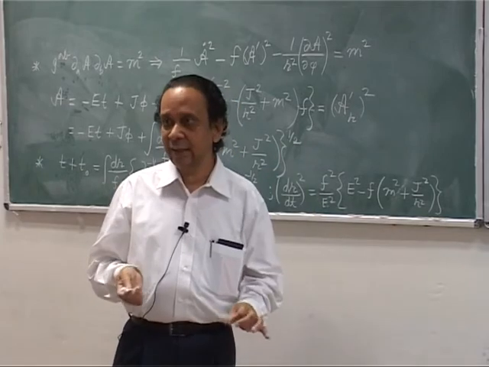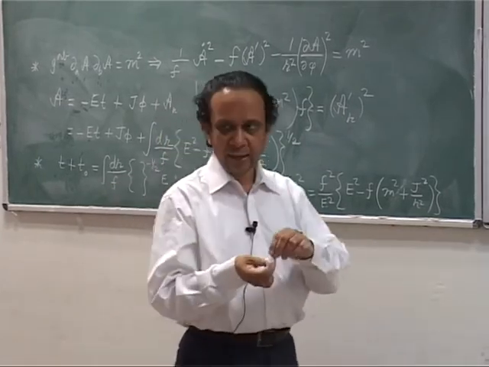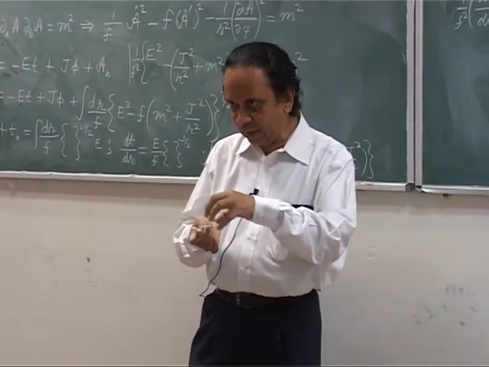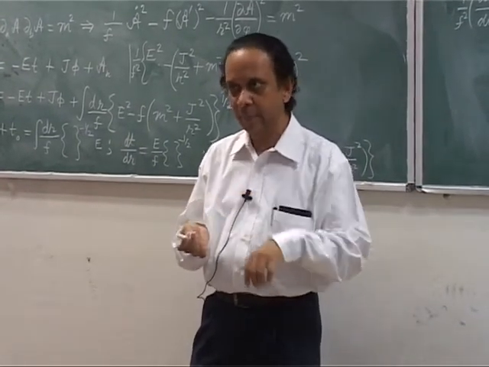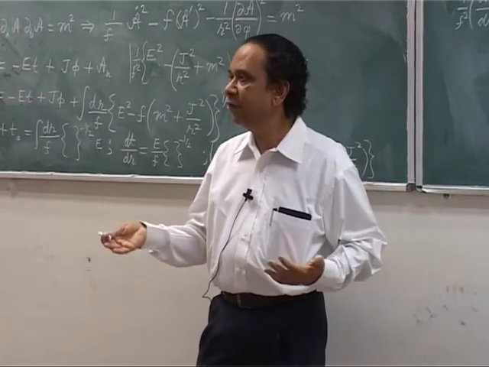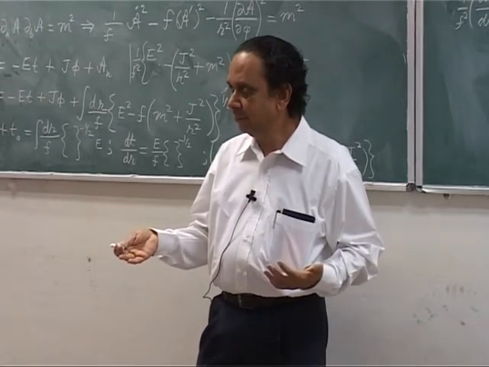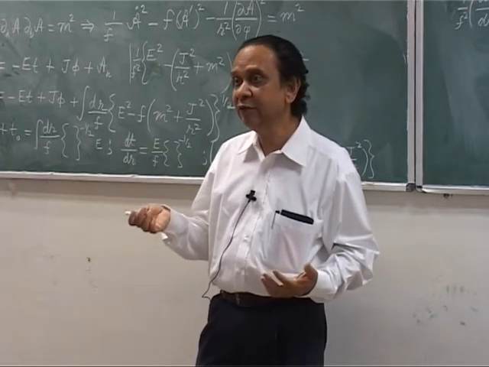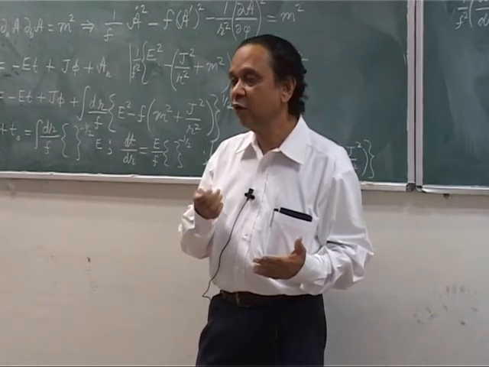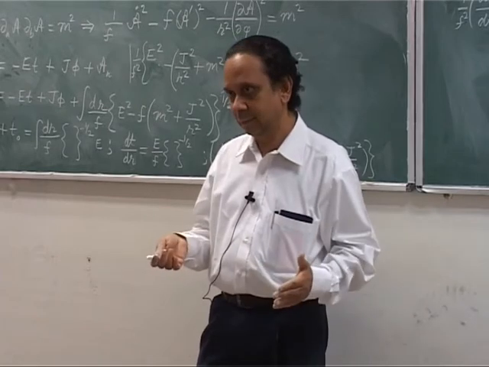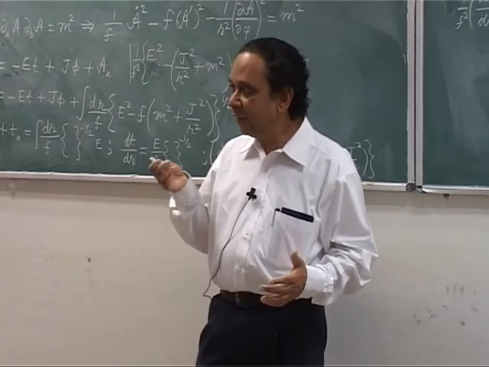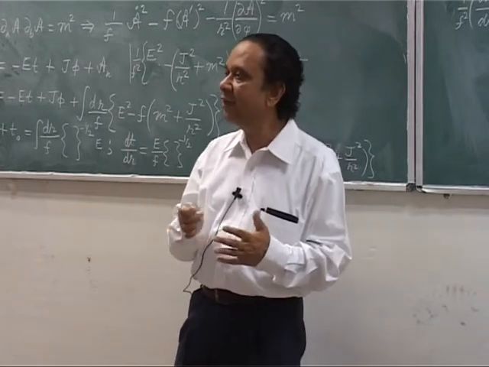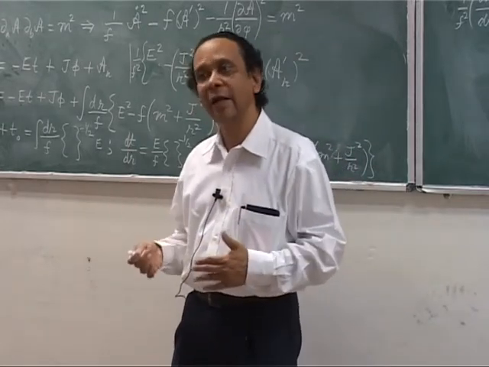What I now claim is that, suppose I have a particle which is moving in flat space time and it is just moving for a small time dt, and I look at that region. How do I get general relativity out of it? Instead of dt, I have to use the proper time, which is square root of f times dt. Instead of dr, I have to use dr upon square root of f, because the metric is f dt square minus dr square upon f.